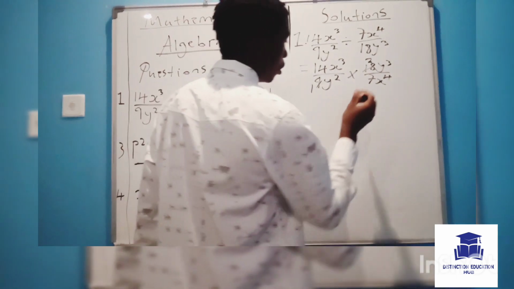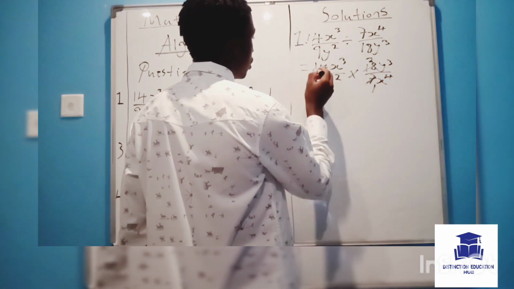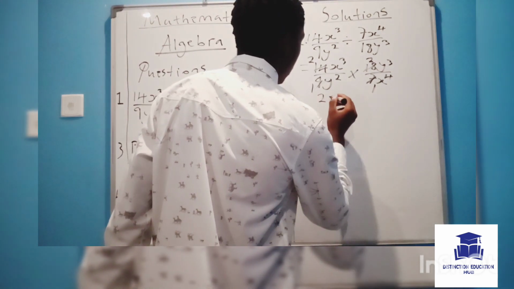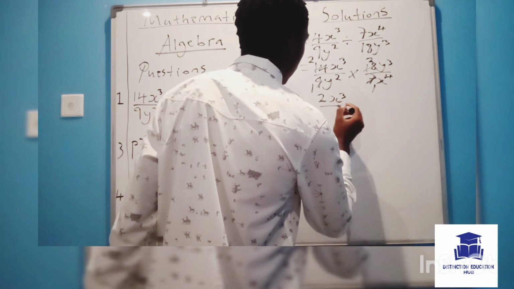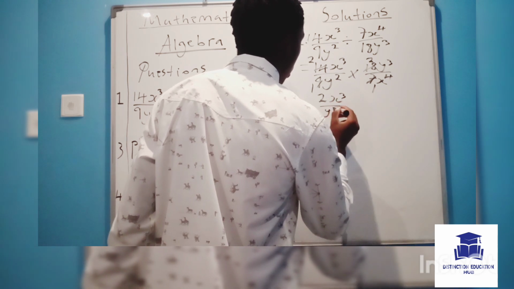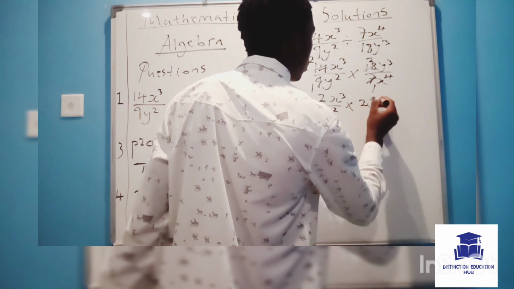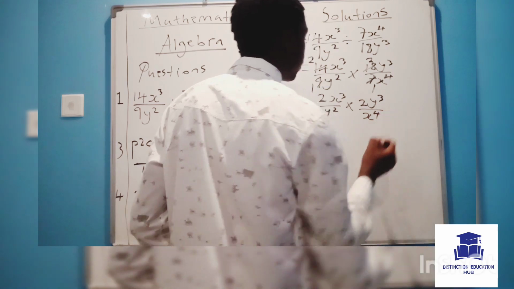So 7 into 7, 1. 7 into 14, 2. Then you remain with 2x to the power 3 over y to the power 2 times 2y to the power 3 over x to the power 4.